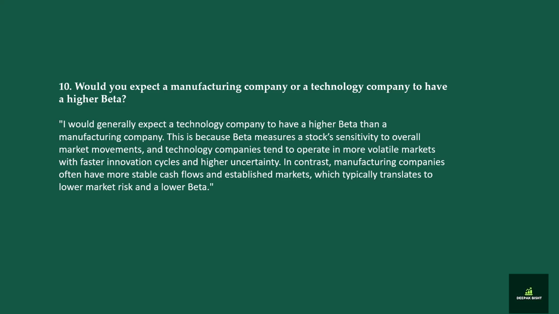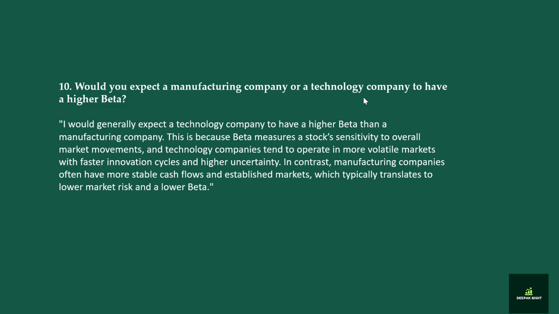Manufacturing companies are often more mature and capital intensive, focusing on efficiency and cost management, which reduces market sensitivity. So based on growth and stability, a manufacturing company is much more stable than a technology company.